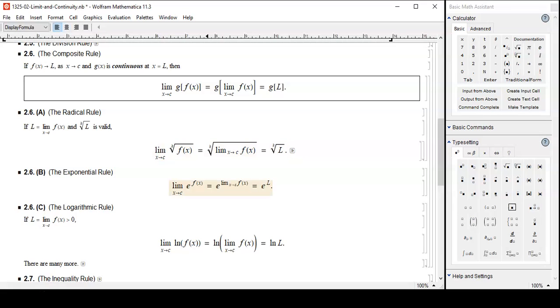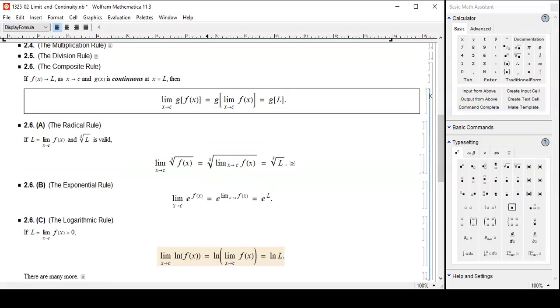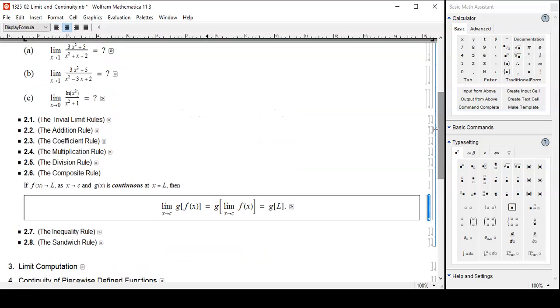What if my g is an exponential function? Limit just goes in there so I can just plug in. Same goes for logarithmic case. So any kind of function you can think of, any kind of algebraic or transcendental manipulation you can consider, in the end, you can plug in as long as those limits exist.